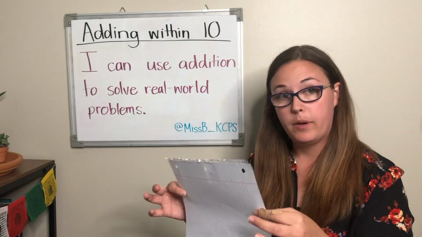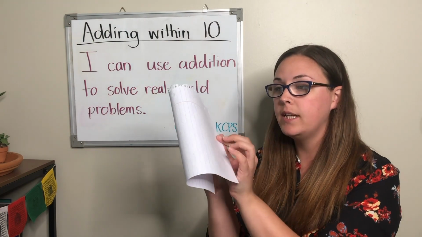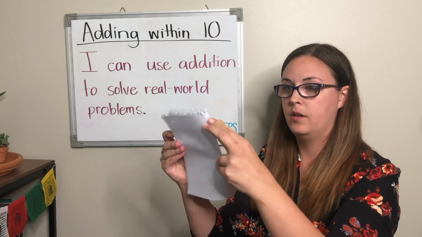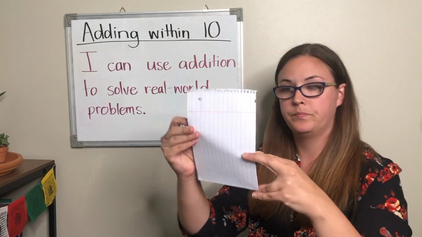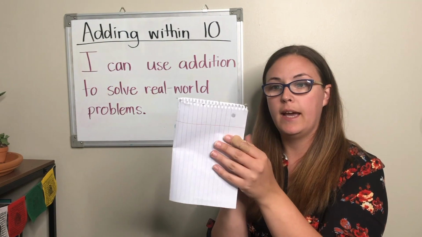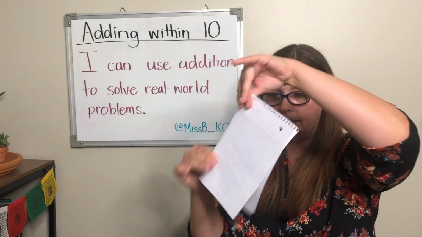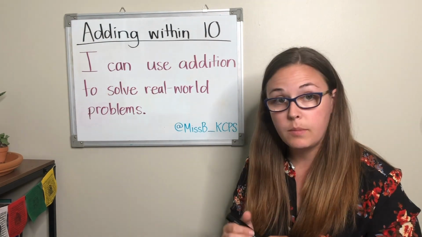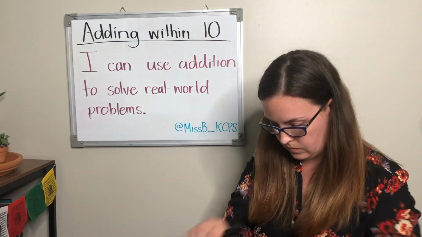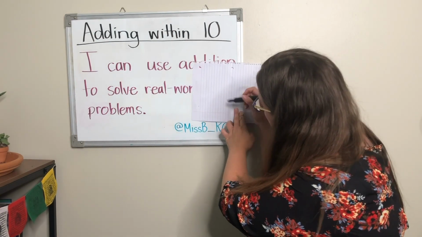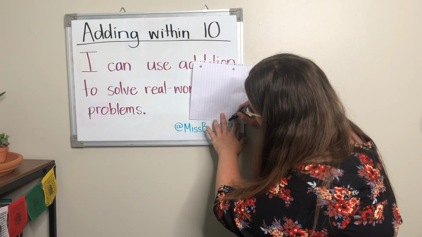Take any piece of paper that you have and fold it in half horizontally. So your paper is horizontal, and then you'll fold it in half and crease it. And then what I do is I take a black marker, and on that center crease, I'm just going to draw a black line.